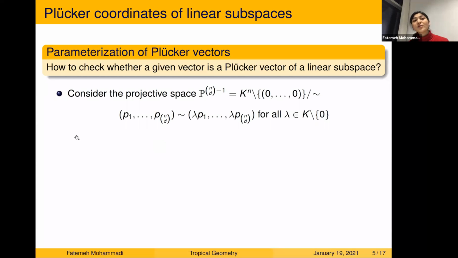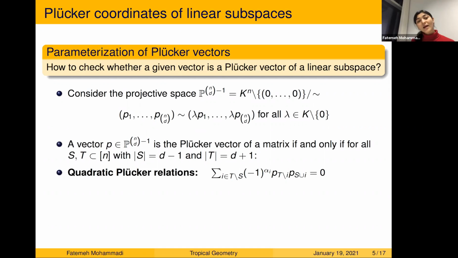To do this, we're going to go to projective space, meaning that I'm going to identify 2 vectors that are just scalar multiples of each other. Then I'm going to say that this vector is the Plūcker vector of a matrix if and only if it satisfies some quadratic Plūcker relations.